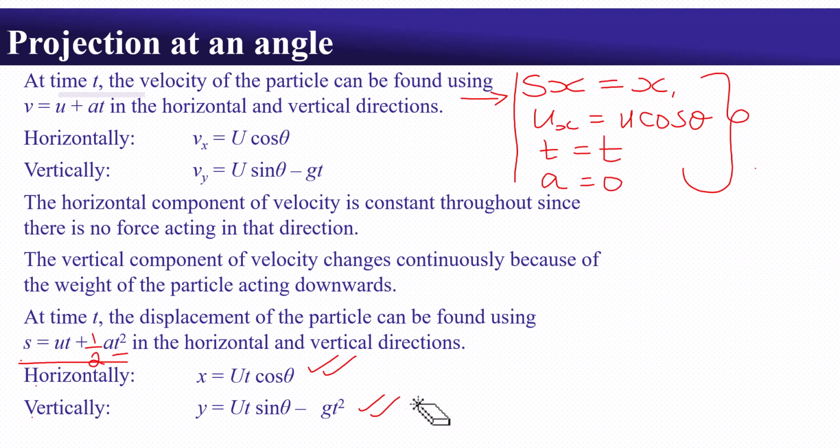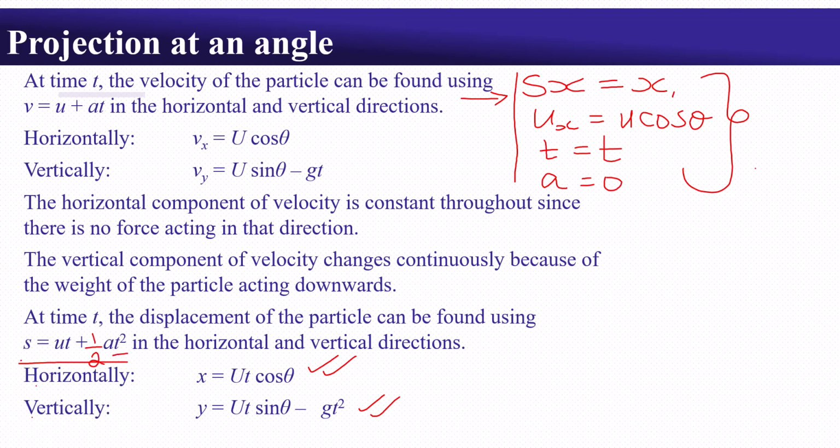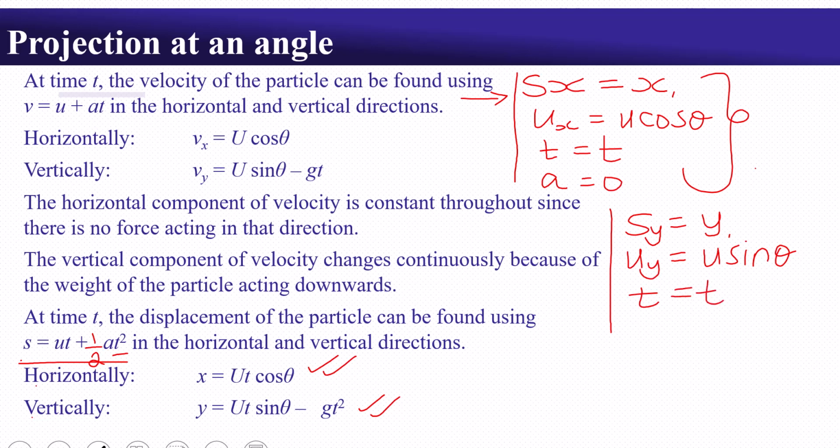So for y, let me summarize that information: s in the y will be y, u in the y will be u sine of theta, t can be t, and acceleration can be g.